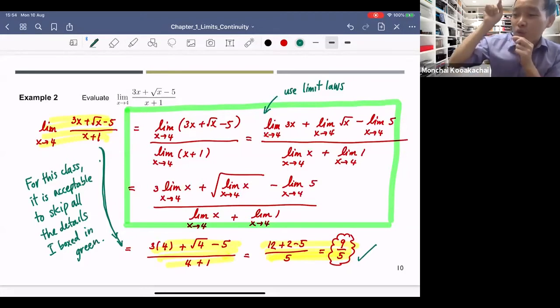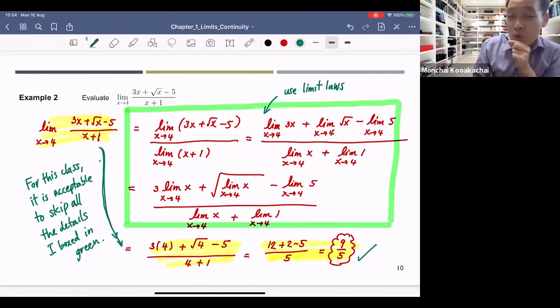But when you grow up, don't teach the kids that, hey, this is because you plug in the number x equal to 4. It is wrong if you say that. It is not because you plug in x equal to 4. It is because you use the limit law. But we just make the notation handy and compact, so we just skip some steps.